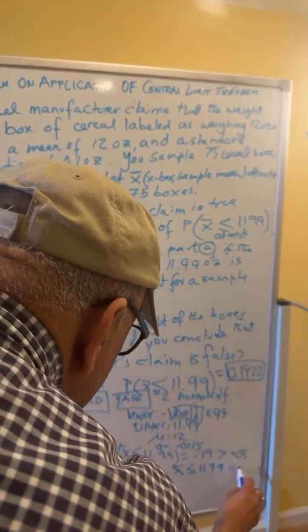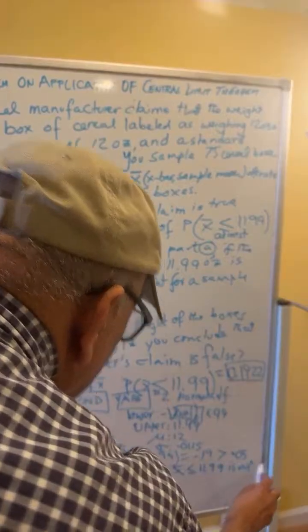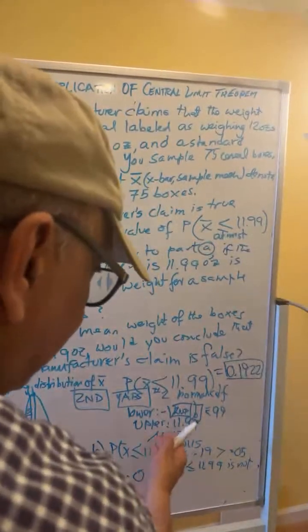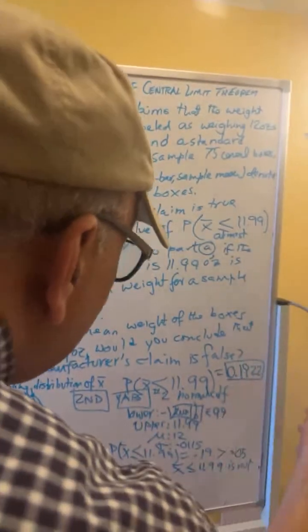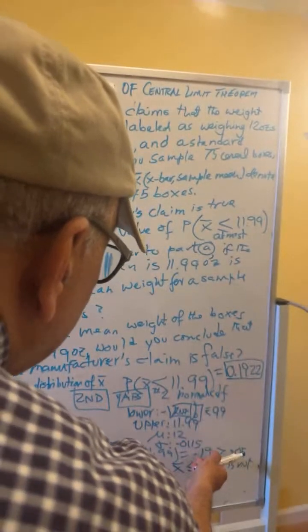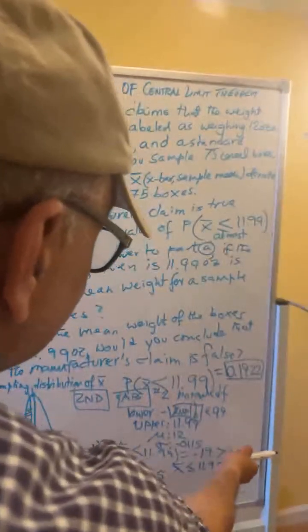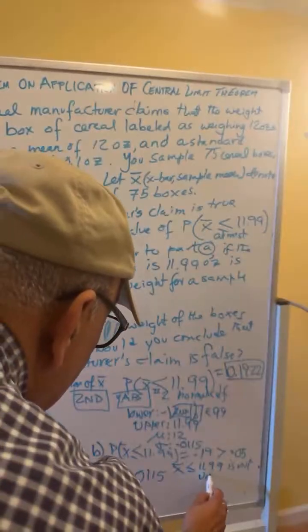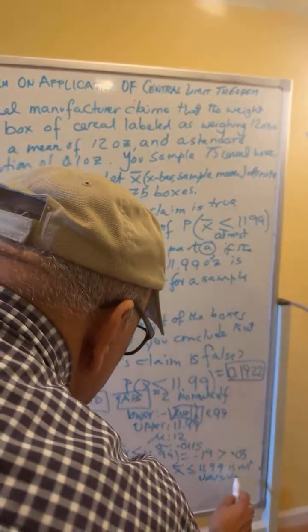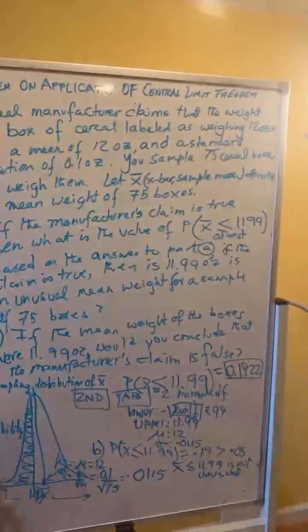Any probability of any event less than 0.05 will be unusual. In this case, the probability is 0.19, which is greater than 5%. This is not unusual. Okay.